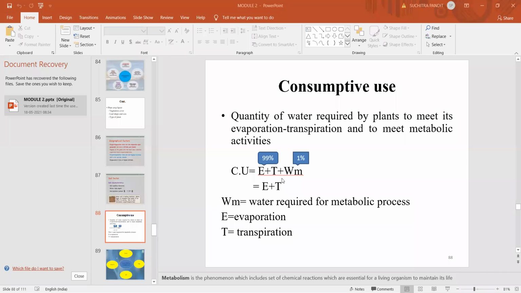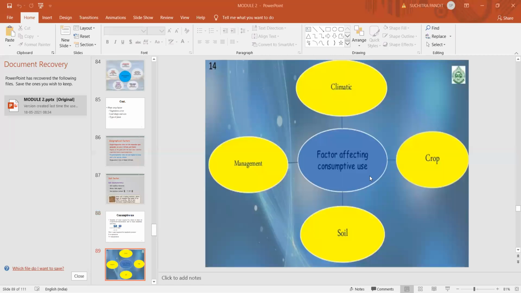It can generally be written as Cu = E + T, since evaporation and transpiration account for about 99%, and the water required for the metabolic process within the plant cell is about 1%. Hence the equation can be rewritten as Cu = E + T, where E is the evaporation and T is the transpiration.